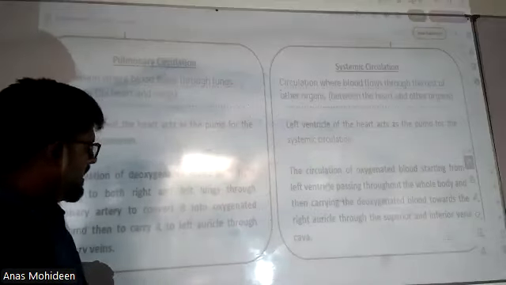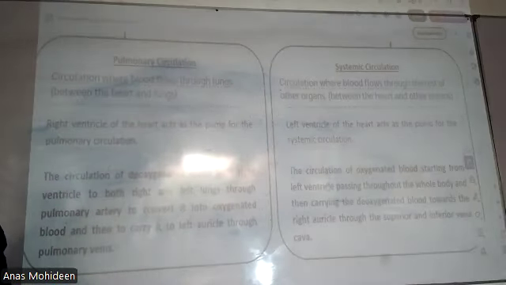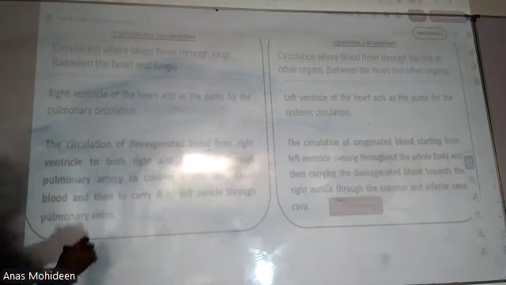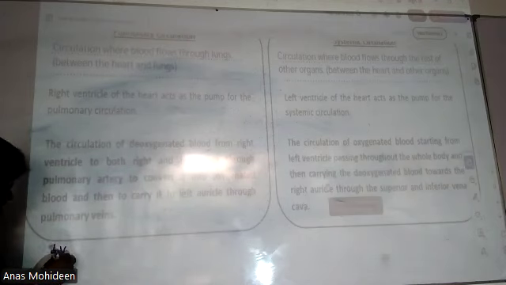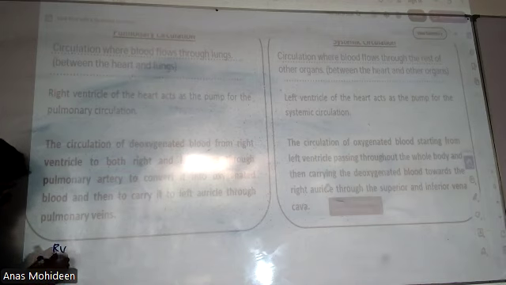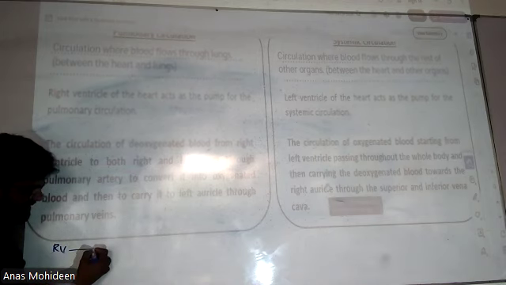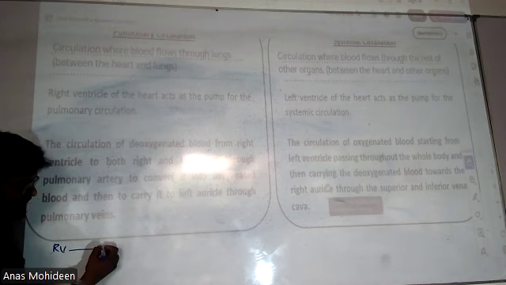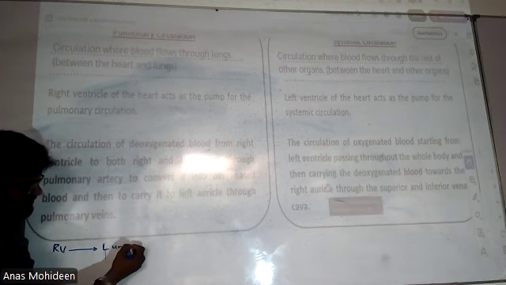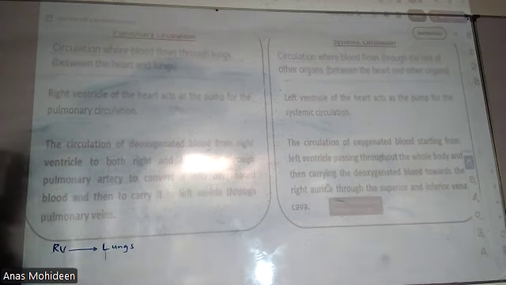Underline this. And here we write below, pulmonary circulation. What's happening? From the right ventricle, blood is taken towards whom? Lungs. Correct?